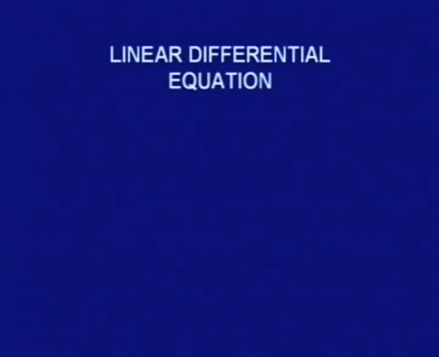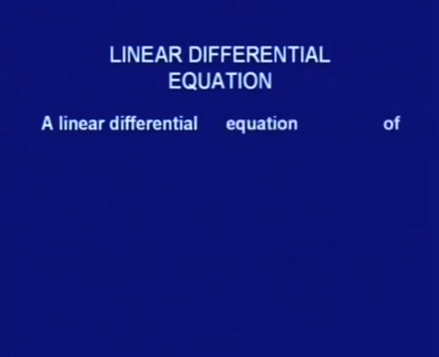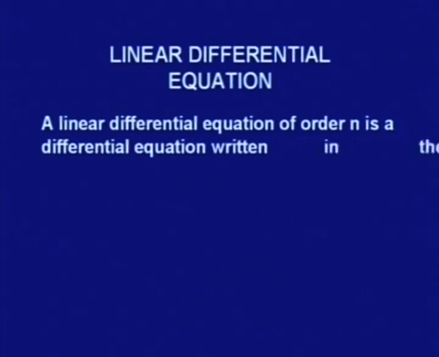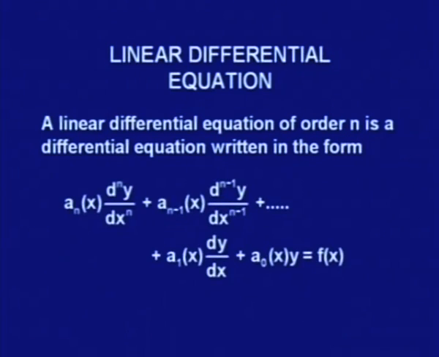Let us have something more about linear differential equations. A linear differential equation of order n is a differential equation which is written in the form a n of x times d n y over d x n plus a n minus 1 of x times d n minus 1 y over d x n minus 1 and so on, a 1 of x times d y over d x plus a naught of x times y is equal to f of x.